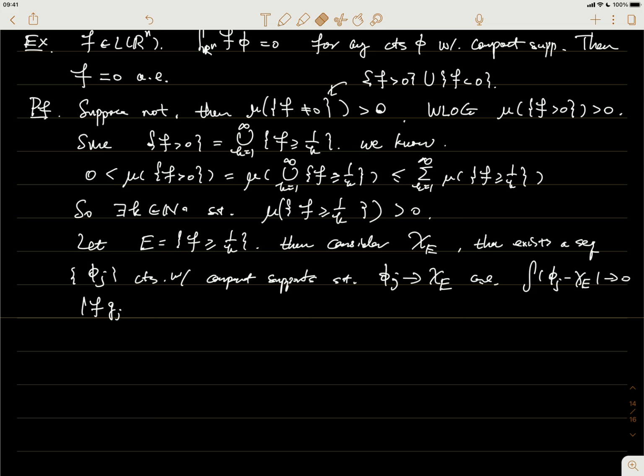So here I will have f times phi_j. I know that this will converge to, and will be bounded by, K_E, and that is bounded by f itself, and that is integrable.